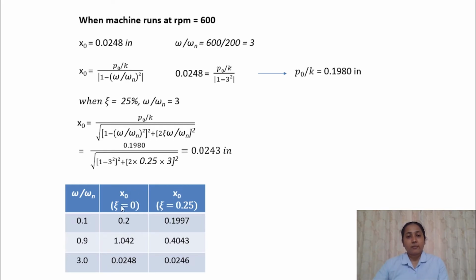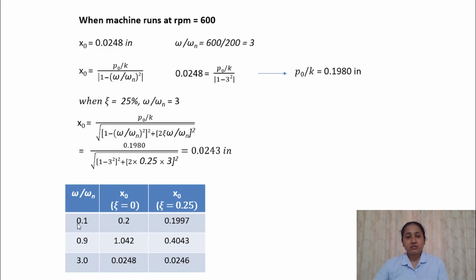Now this is the response amplitude when the springs were kept, that is when there was no damping. These amplitudes were given, and we have calculated the response amplitude when the damping is 0.25, that is when the springs are replaced by rubber isolators. So these are the results.